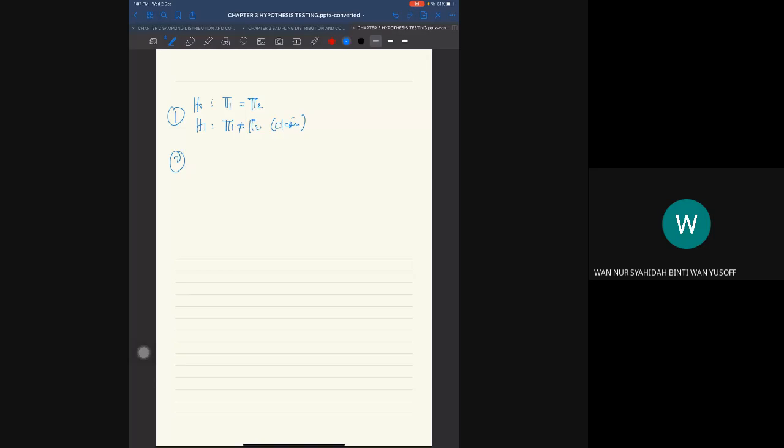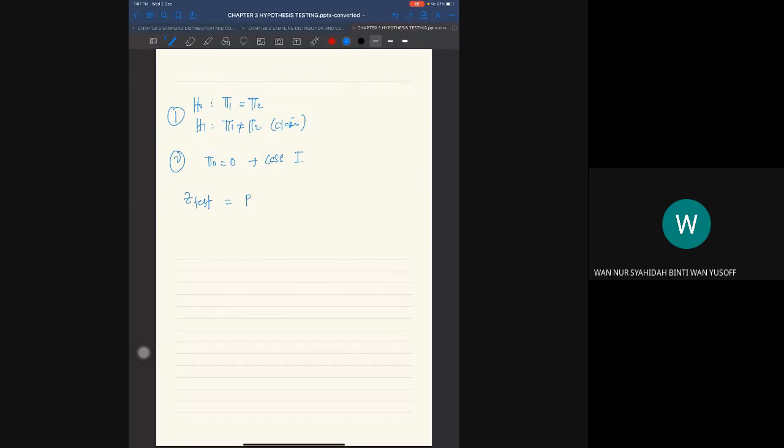Okay, so based on this, pi not equal to 0, so it is case 1. You have to calculate for the pooled proportion. So the Z test here, which one minus which one, we have to follow the hypothesis.